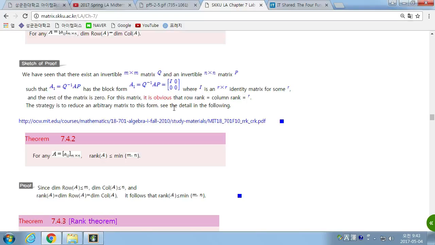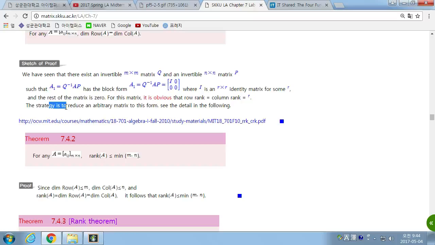If I is an R by R matrix, what is it? R. Rank is R. So the row rank of this matrix A1 is R, and the column rank of this matrix A1 is R.